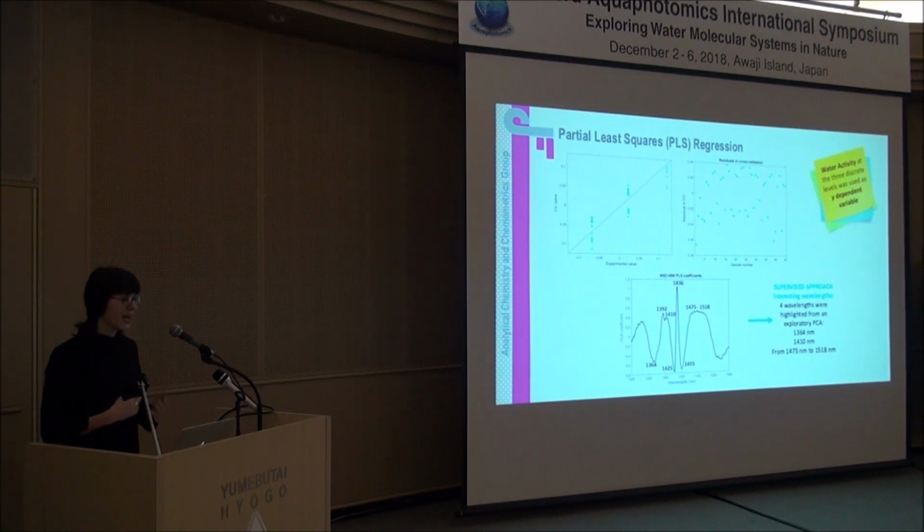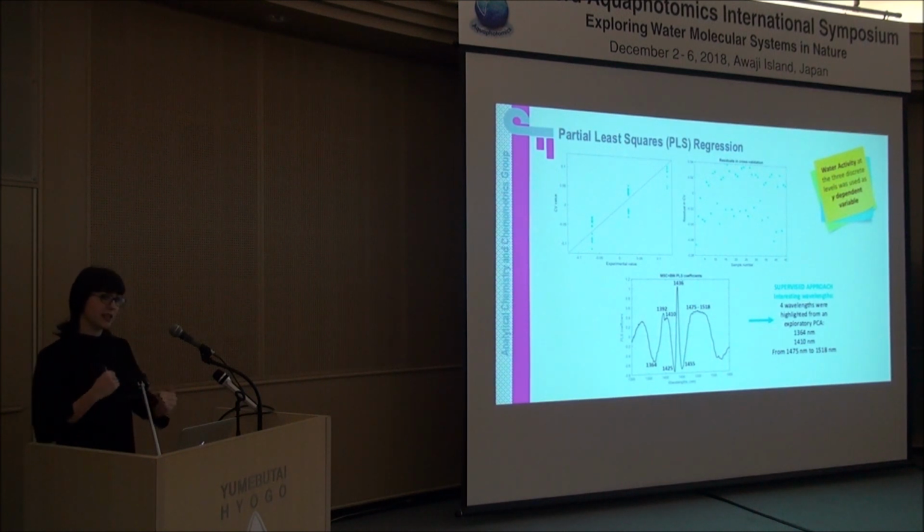But we are not happy only with the exploratory approach, so we decided to perform partial least square regression. I would like to underline that this partial least square does not have the aim to predict the samples, but the aim is to force in a supervised way the selection of the bands, adding the information about water activity.